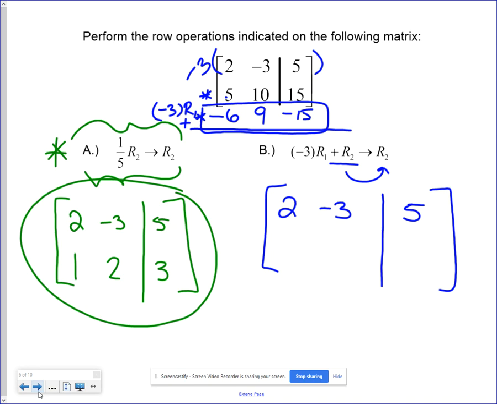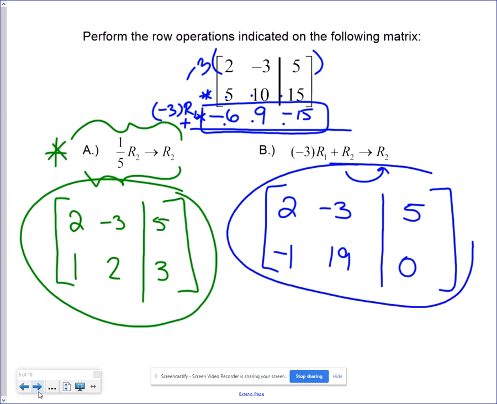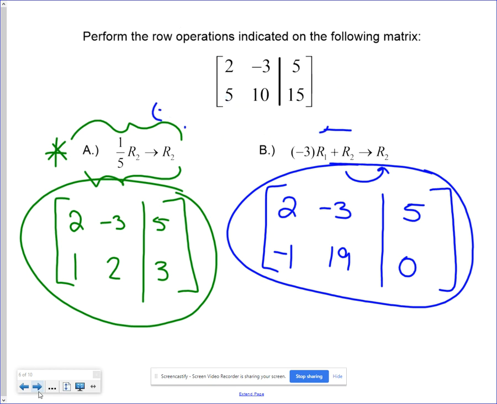So 5 plus -6 is -1. 10 plus 9 is 19. 15 plus -15 is 0. So here is my answer. This is taking the original matrix, multiplying row 1 by -3, adding it to row 2, and then replacing row 2.